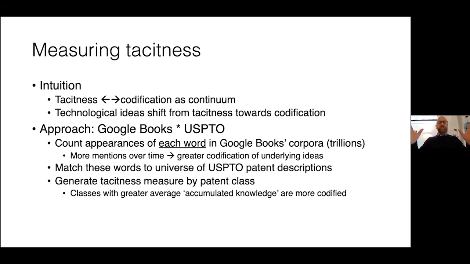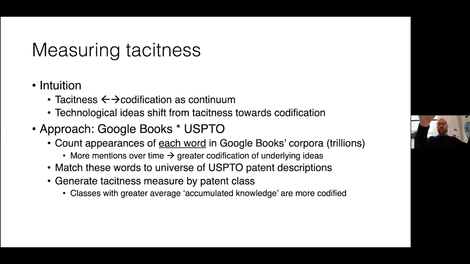Okay, so we do all of that, and then we match all of these words to the universe of patent descriptions in the entire length of the USPTO patents from 1836 up to 2010. And of course, for those who are less familiar with patents, patents contain, among other things, often many pages of description that talk about the particular invention.